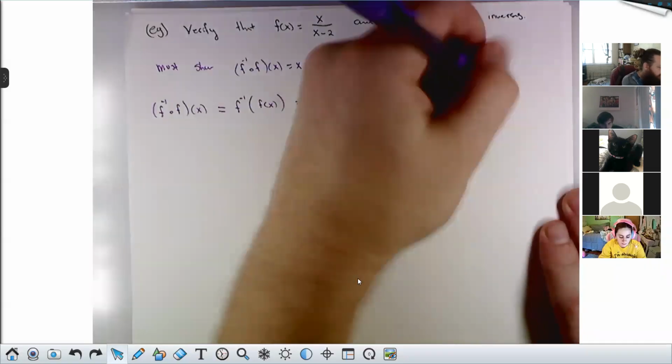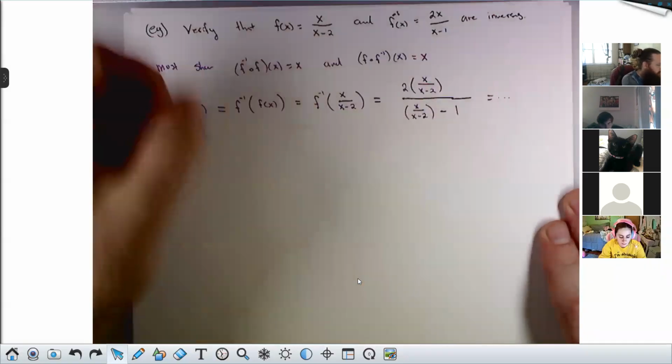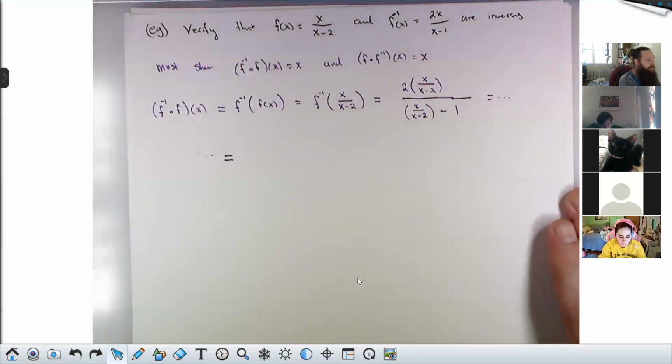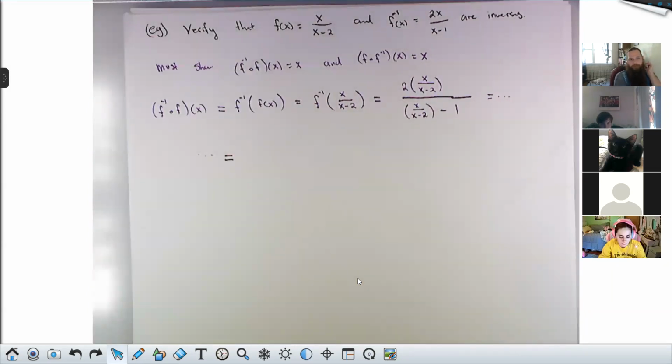I'm going to continue down on the next line. I'll try to keep this clean. What's my first step? If I gave this to you and I said simplify, what would you do first?